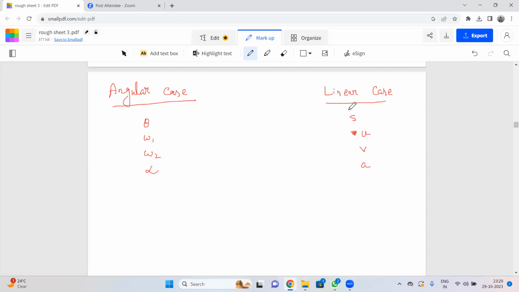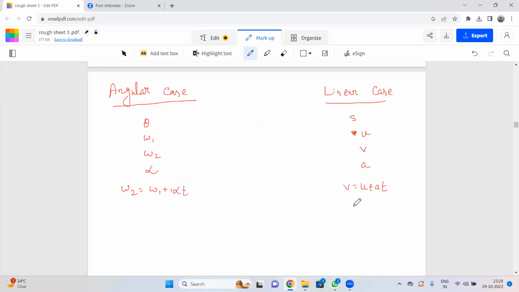In the linear case, we have the relation v equals u plus at. Similarly, here we can write omega 2 equals omega 1 plus alpha into t.